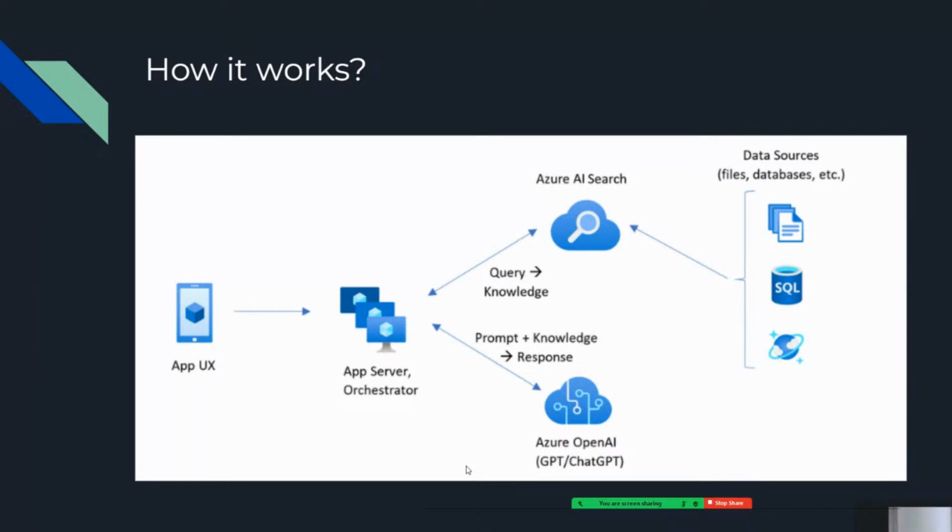You can do the same thing with ChatGPT. You can automatically go to a knowledge base, run a query based on what people say, find relevant documentation, and then say, hey, ChatGPT, read this, and then answer this question. So that is really what retrieval augmented generation is.